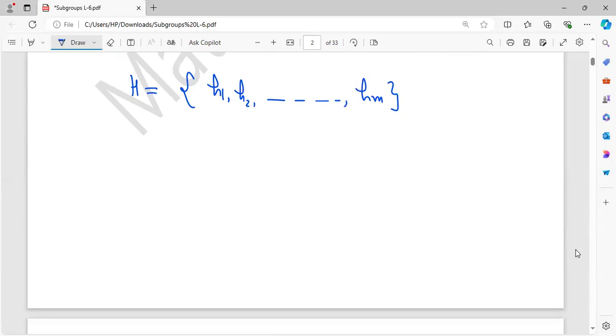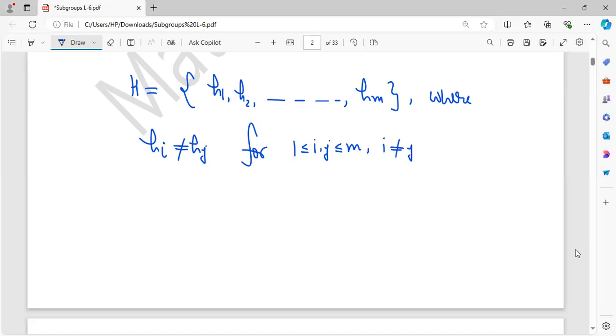Here we have hi is not equal to hj for i and j less than or equal to m, i not equal to j. Now what is aH? aH is nothing but this: ah1, ah2, up to ahm.